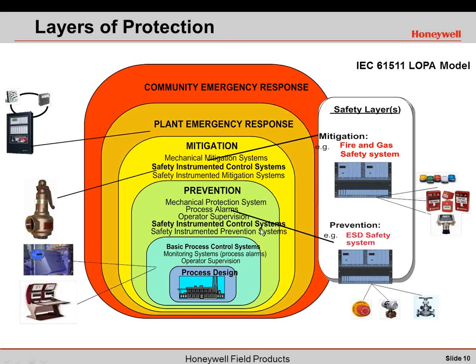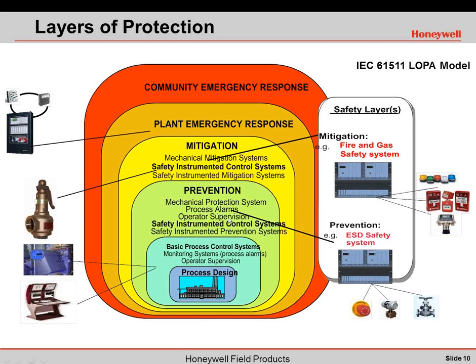And you'll notice that that safety system is independent of the process control system. It has separate sensors, valves, and a logic system. Its only role is safety. No process control is performed by the safety system. These layers are designed to prevent a safety-related event.